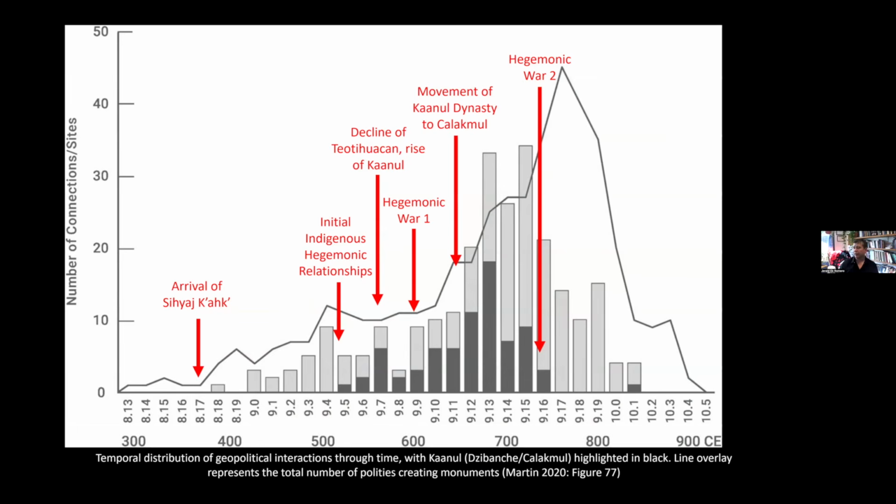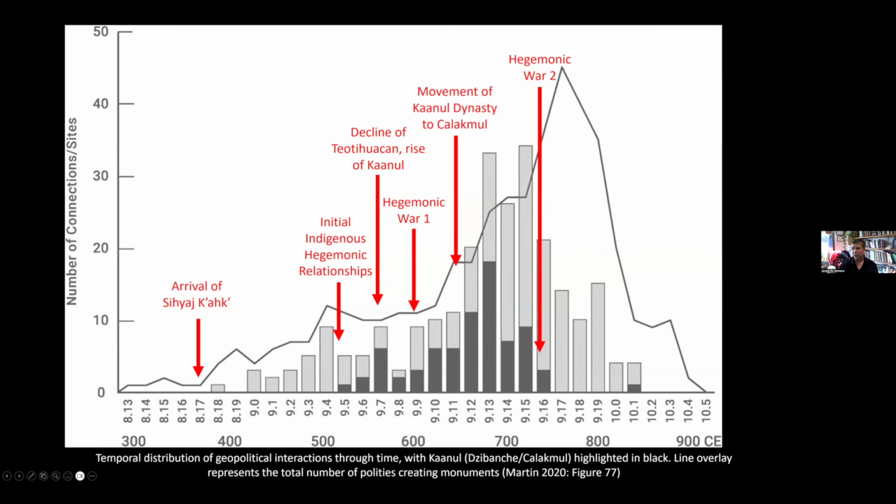Again, this is a figure from Simon's book where I put in some of these moments of introduction of new structures. But it's really not until the arrival of Siyaj K'ak' that we start to see evidence of kingdoms controlling or conquering other kingdoms.